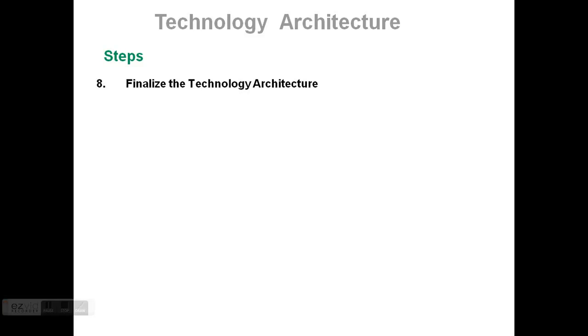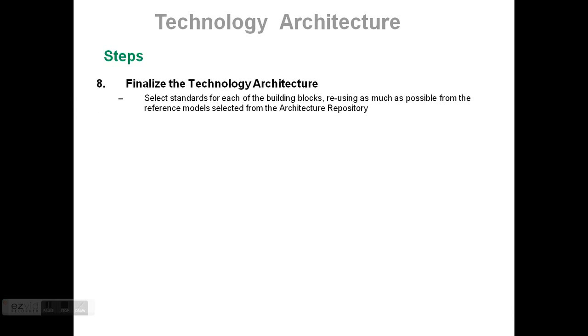Step 8, we are looking at finalizing the technology architecture. In order to do that, we are looking at selecting standards for each of the building blocks, reusing as much as possible from the reference model selected from the architectural repository.